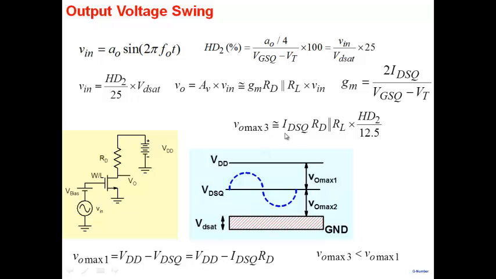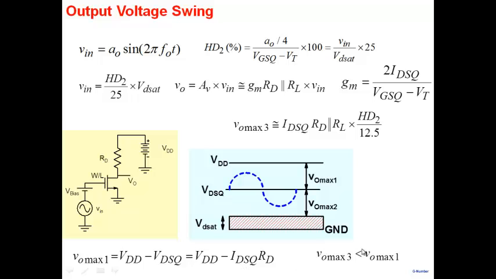And V0 max 3 is IDSQ RD parallel RL HD2 by 12.5. You can clearly see by comparing these two that V0 max 3 will always be less than V0 max 1, because you have RD parallel RL here, and RD parallel RL will always be less than RD. And in most cases, we want HD2 much smaller than 12.5, and therefore this term is also less than 1. So this term will always be less than this particular one.